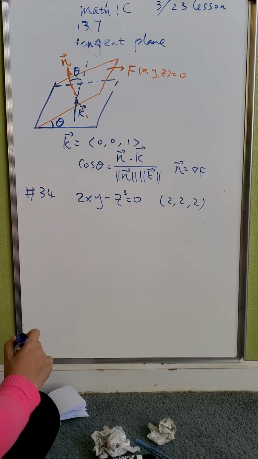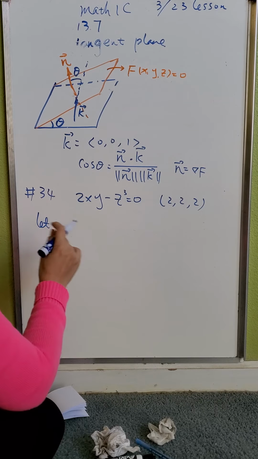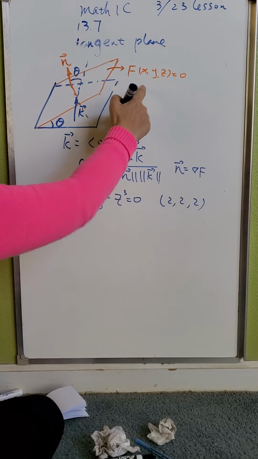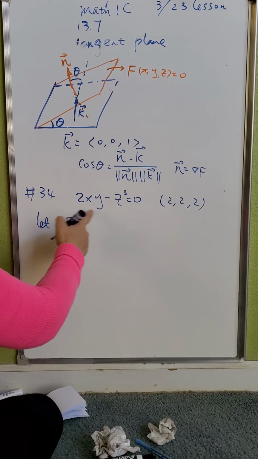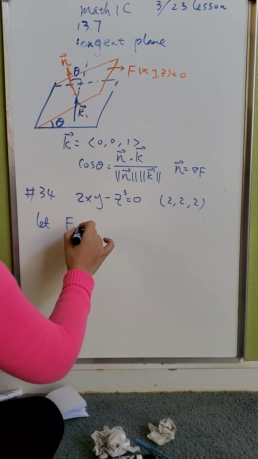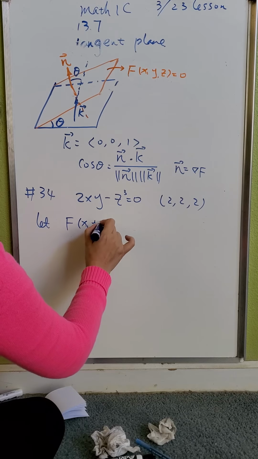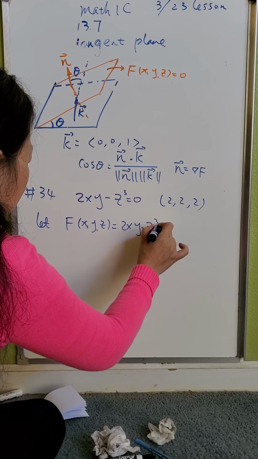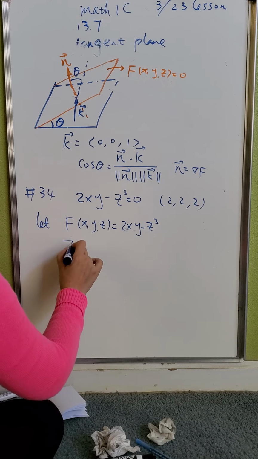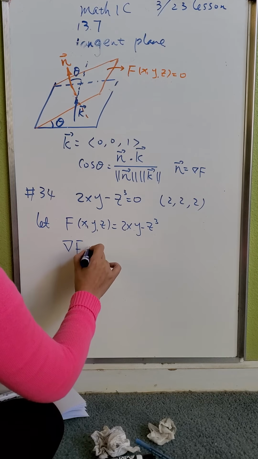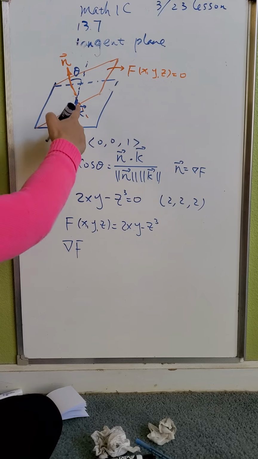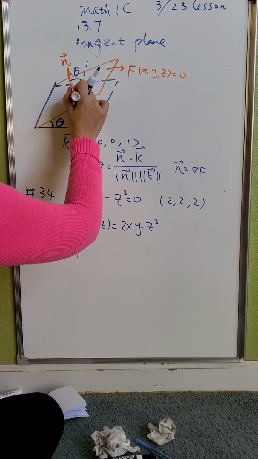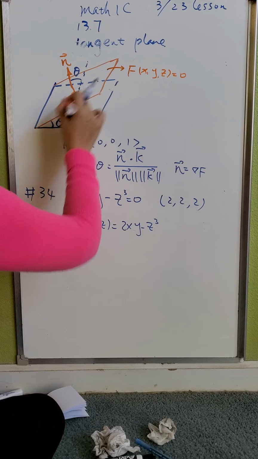So first we put it in this format. We are given the equation this way, but we make it like that. We let f(x, y, z) equal 2xy minus z cubed. And then we get del f. At this point, del f is the same as N because it's perpendicular to this surface.